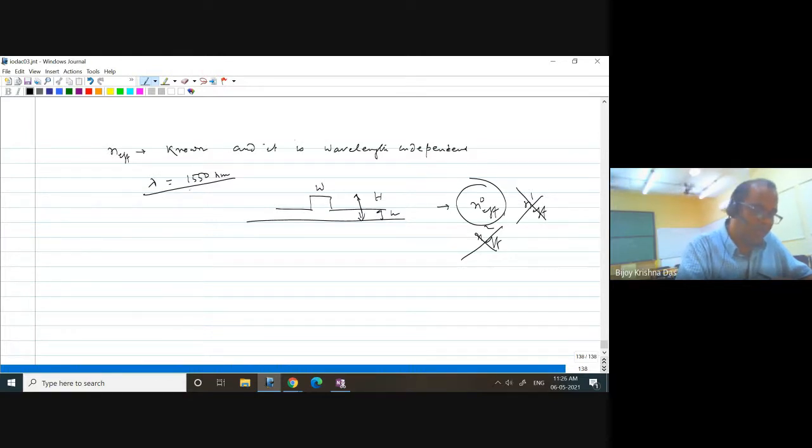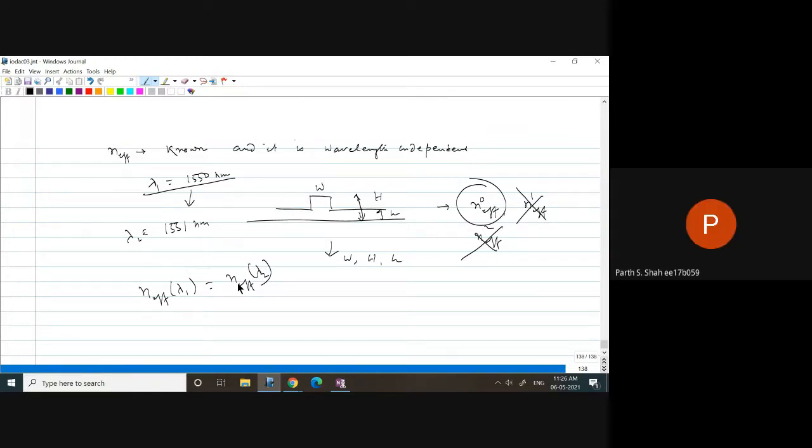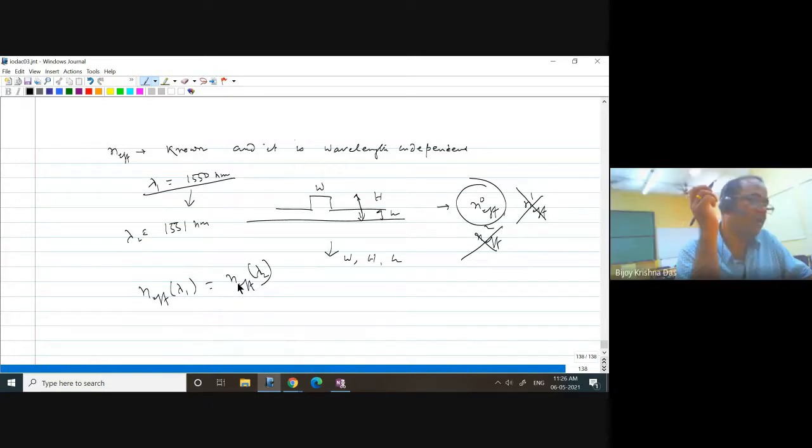Now if I vary lambda to 1551 nanometers, is it possible to design the waveguide with a particular set of W, H and small h such that n effective at lambda 1 is equal to n effective at lambda 2? Is that possible in any way? I don't think for any material medium it is possible, sir. Only in vacuum. Yes, vacuum is possible.